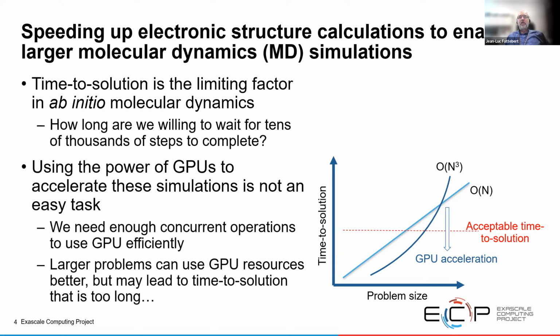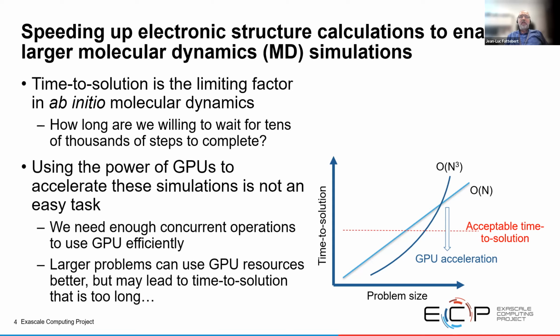You want to solve the eigenvalue problem of the electronic structure many, many times, at every step of a molecular dynamics run, until you reach a state where you have enough sampling of your system to get the result you are interested in. And so the question is, how long are you willing to wait until you get these results?